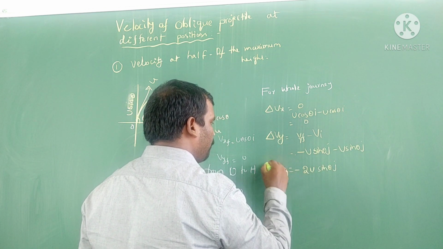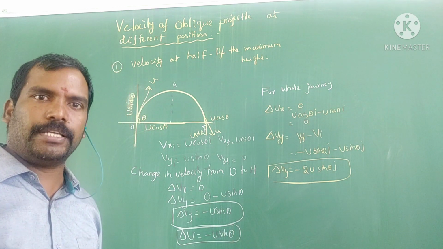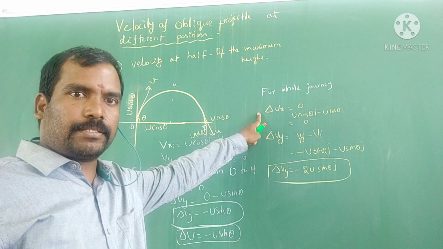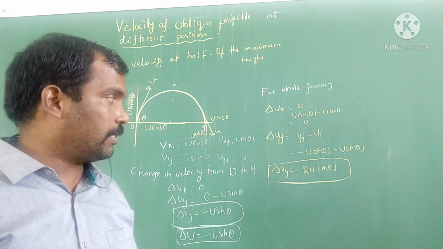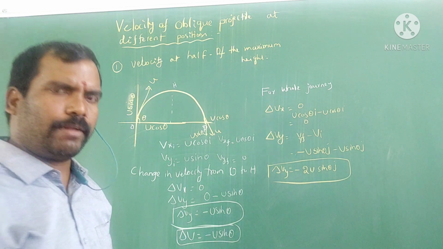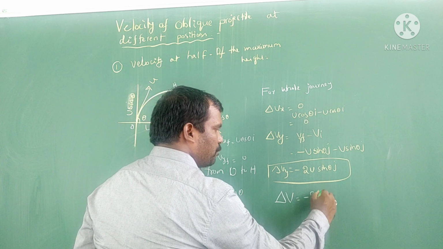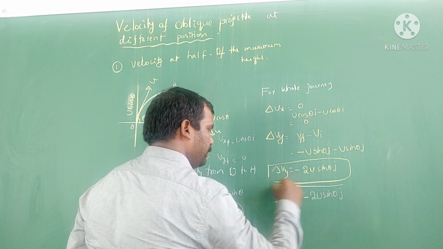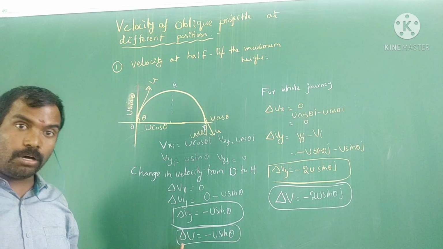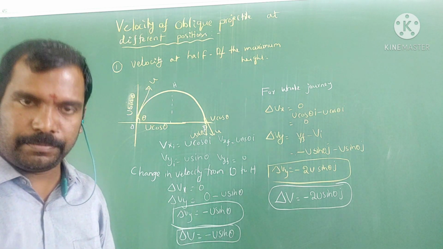Therefore delta Vy is equal to minus 2u sin theta j. For the entire motion, the x-axis velocity change is 0, whereas the y-axis change is minus 2u sin theta j. Therefore delta V is equal to minus 2u sin theta j. This is the change in velocity of the entire motion. This is the change in velocity up to the maximum height.